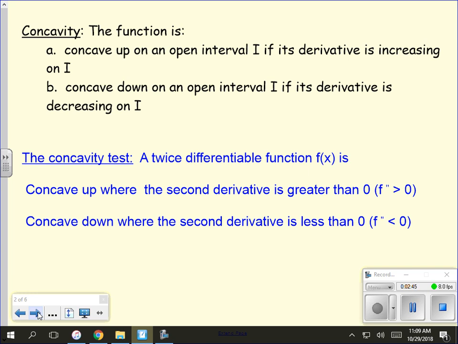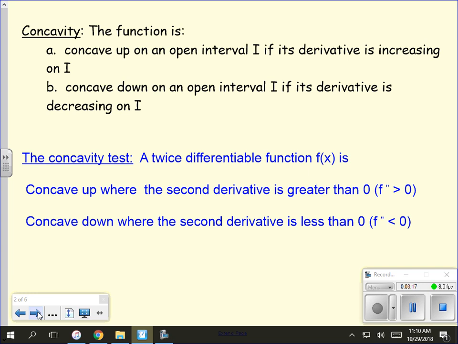If the derivative is decreasing, then it is concave down. In other words, if f prime is getting larger, then it is concave up. If f prime is getting smaller, it is concave down.